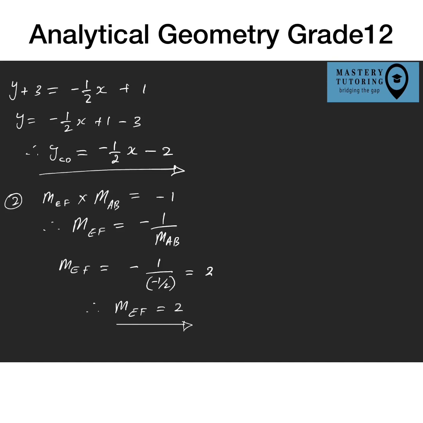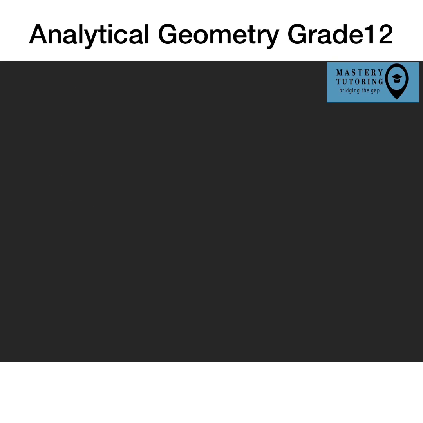The second part of the question is to use this slope together with the general formula of a straight line to find the equation of EF. So we know that y minus y1 is equal to m, which is the slope of EF, MEF, times x minus x1.